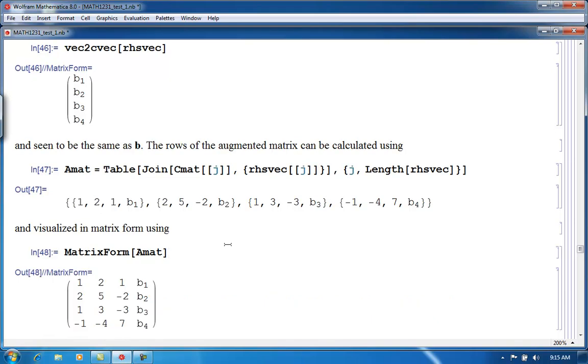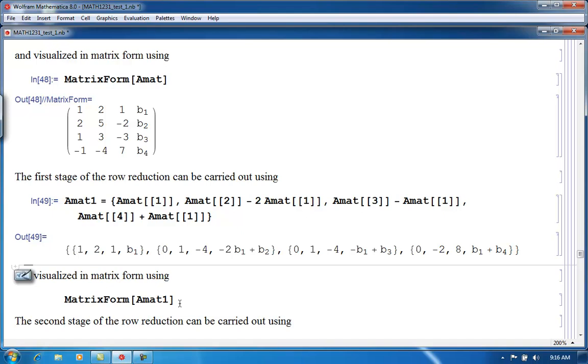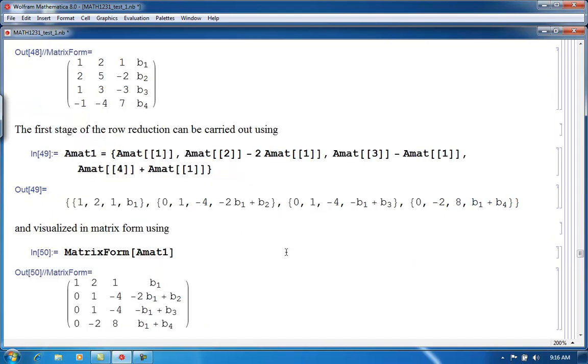And now what we want to do is to carry out the row reduction here. So we subtract twice the first row from the second, the first row from the third, and we add the first row to the fourth row. So we can do that using all this here, and look at the result, and we can see that indeed we have got zeros all down the subdiagonal elements of the first column.